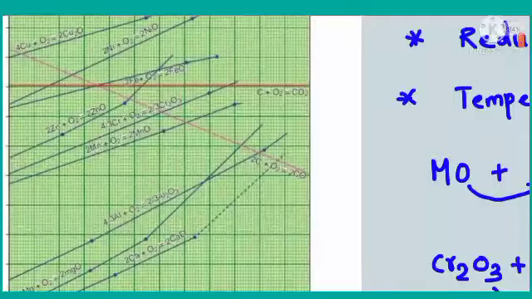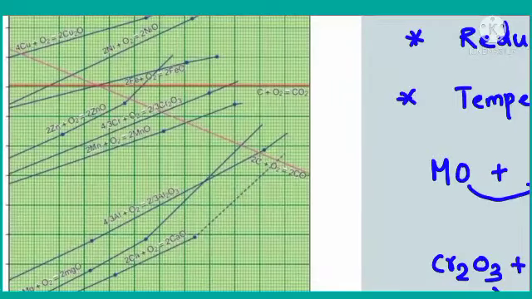In the Ellingham diagram, chromium oxide is lying above, isn't it? This is the chromium oxide line, and this is the aluminum oxide line. Generally, according to the Ellingham diagram concept, the metal which is lying below can act as a very good reducing agent for the metal oxide which is lying above.